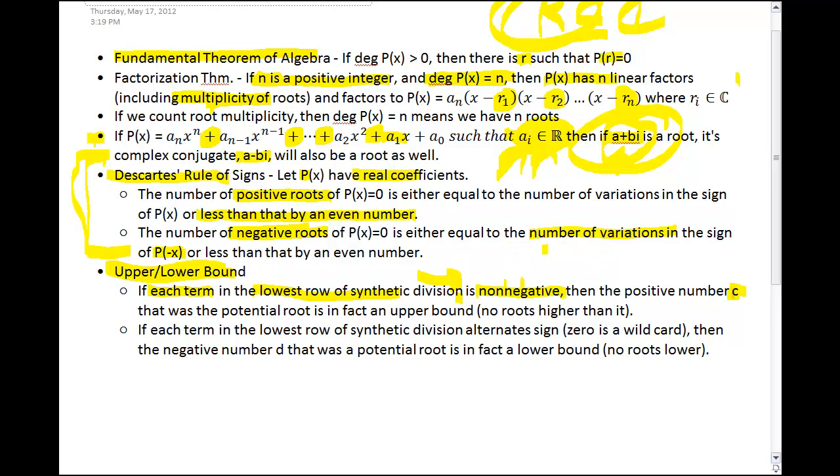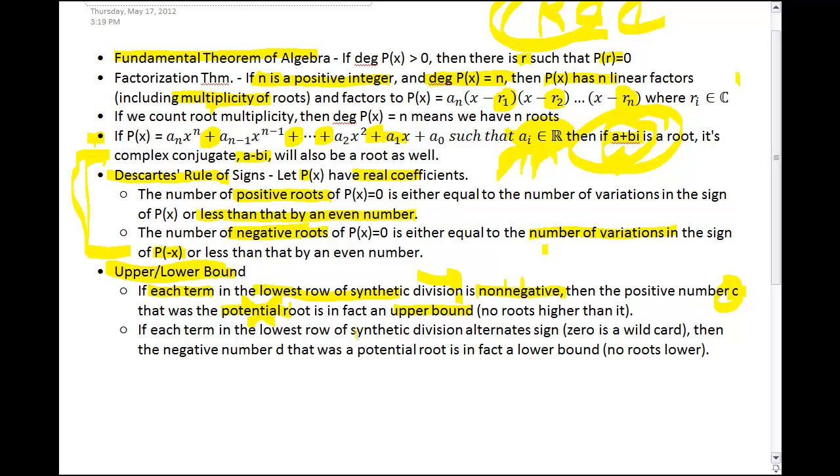That positive number we were dividing by, we thought it might be a root, it wasn't, but it is an upper bound. So we don't have to look higher than that for more roots. We know that our roots have to be smaller than this number if we get all those positives.